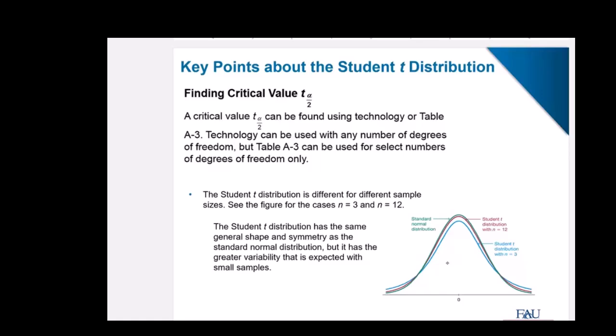That's why when it's 31 or more, we can just use our standard normal distribution or our z-tables. The student t-distribution has the same general shape and symmetry as the standard normal distribution, but it has greater variability. That means we need to make intervals bigger to make sure we get our information in that interval. That is expected with small samples.